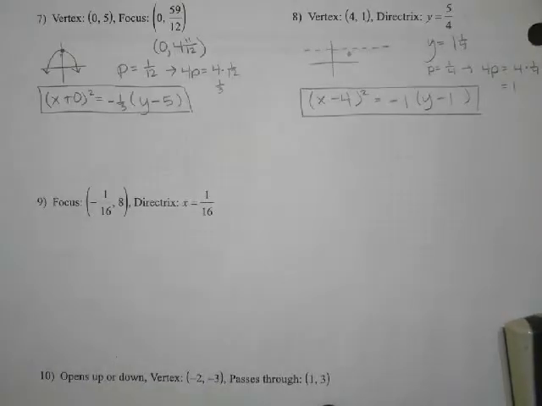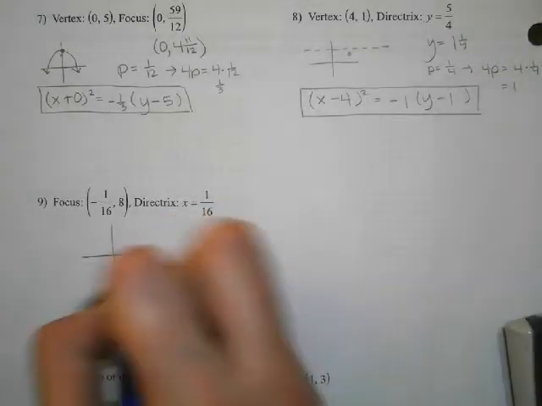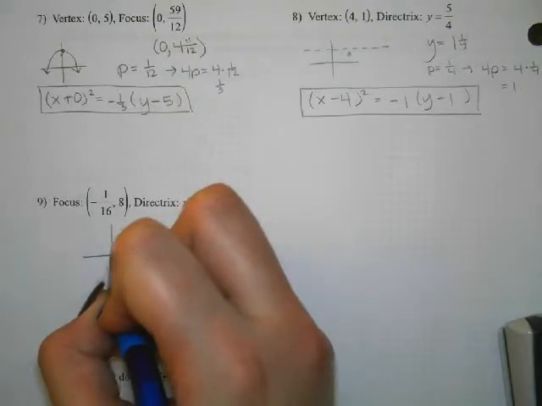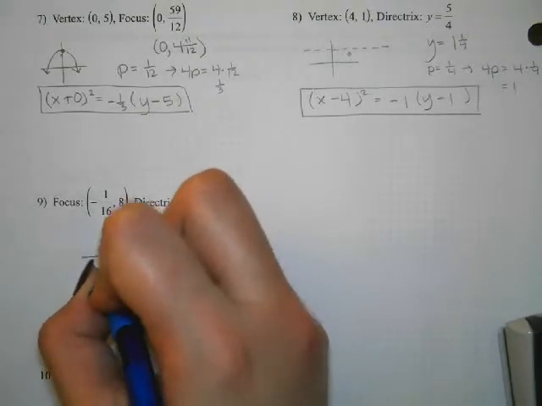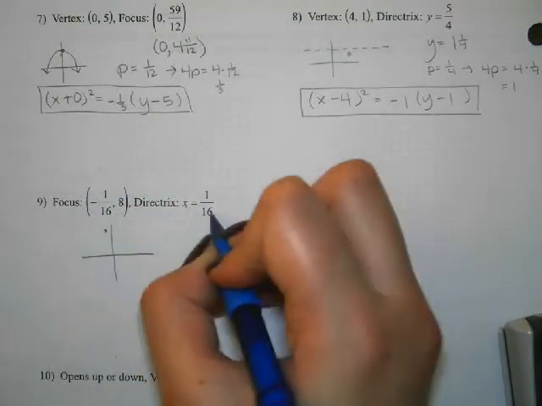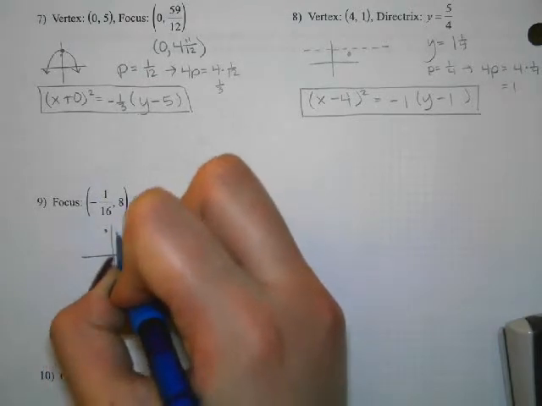All right. Let's go ahead and draw this one. So they said the focus is left 1/16 and up 8. The directrix is a vertical line of positive 1/16. So I'm going to go to the right 1/16 and draw a vertical line.